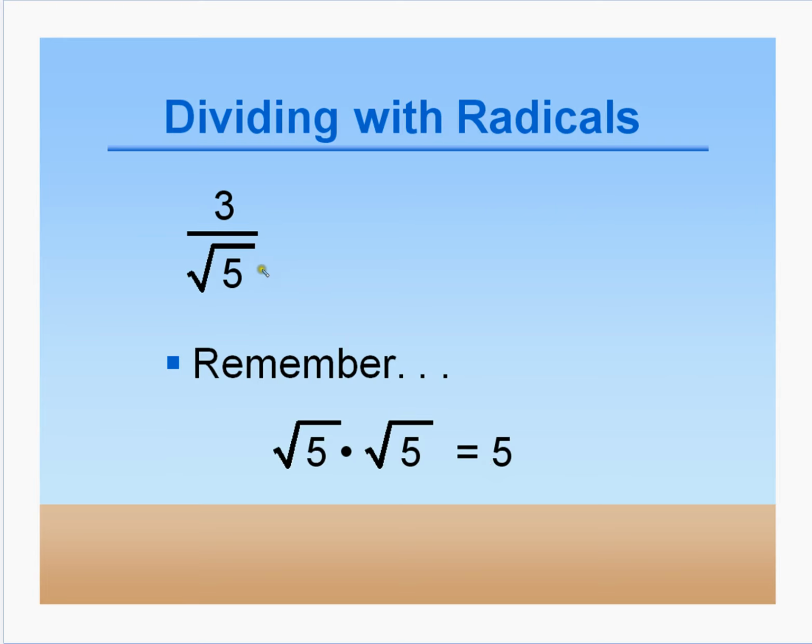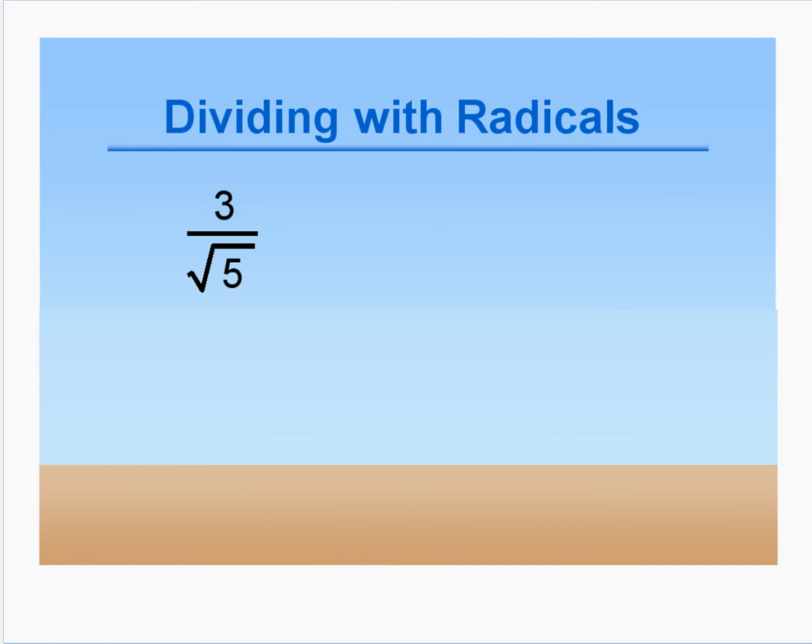And so we cannot just multiply the bottom by a square root of 5. We're going to multiply top and bottom by a number, the same number, because when we multiply the top and bottom by the same number, that's multiplying by a form of 1. So really we're going to be multiplying by a form of 1 when we work through these problems here.